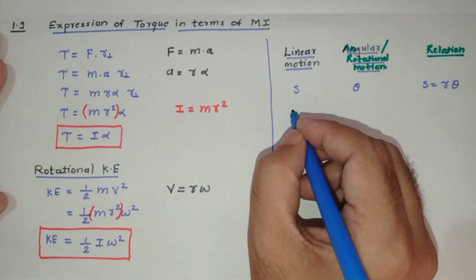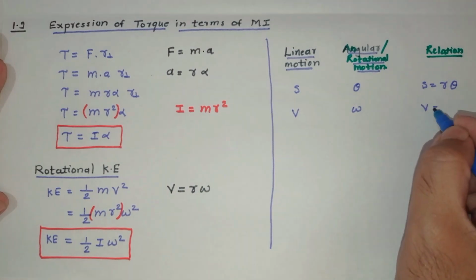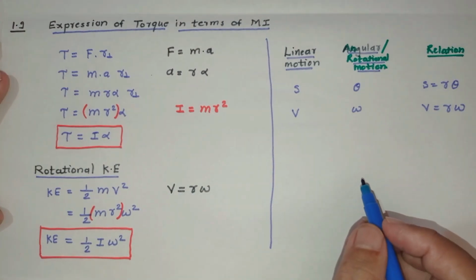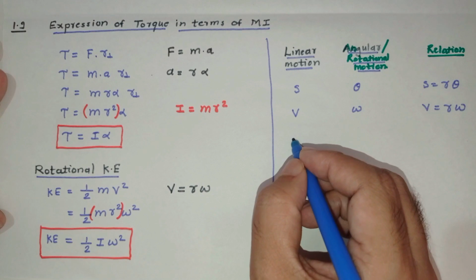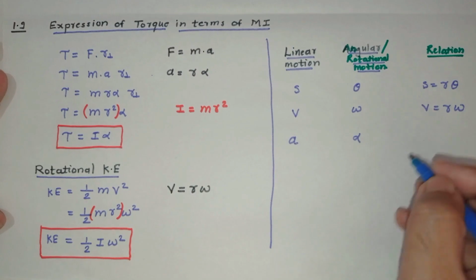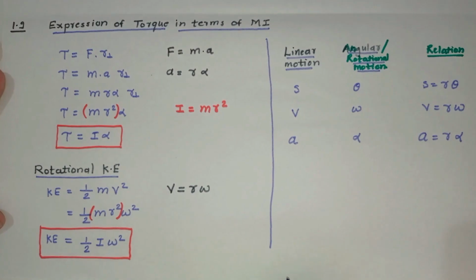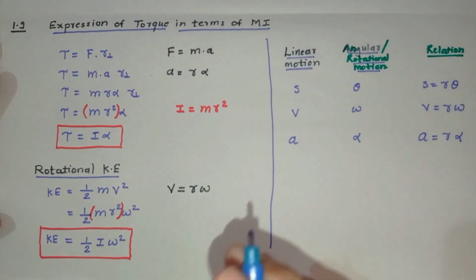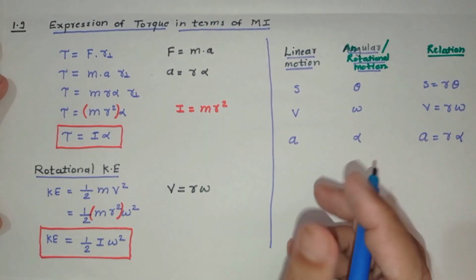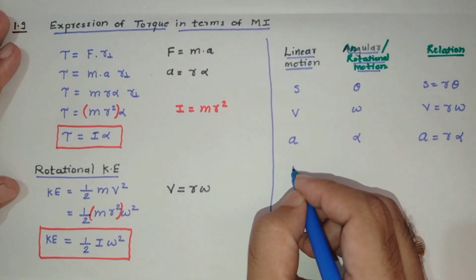Linear velocity is v, angular velocity is omega, v is equal to r omega. Linear acceleration is a, angular acceleration is alpha. So linear acceleration a is equal to r into angular acceleration. If some body is there and we want to change its position, we want to bring it into motion, then force is required.